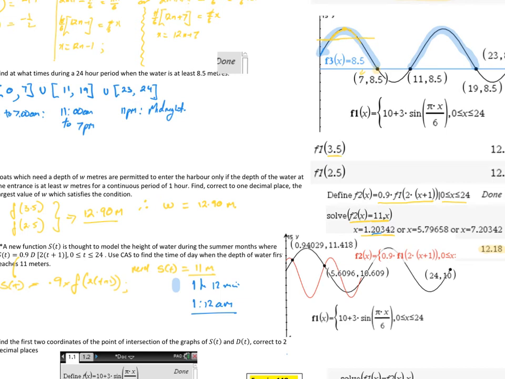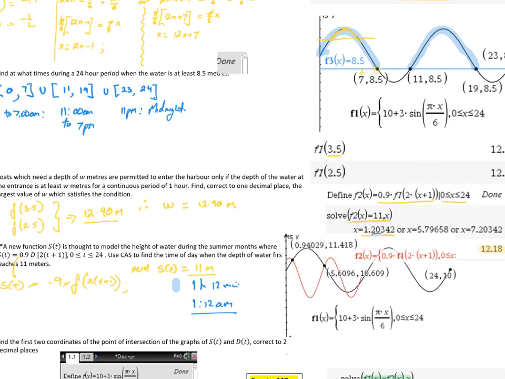Find the first two coordinates of the points of intersection of the graph f of t and d of t, correct to 2 decimal places. Now this is a really interesting one. Down the bottom right corner here, I've solved the two functions equal to each other, and I get x equal to 0.9 and x equal to 10.6, where the functions intersect.